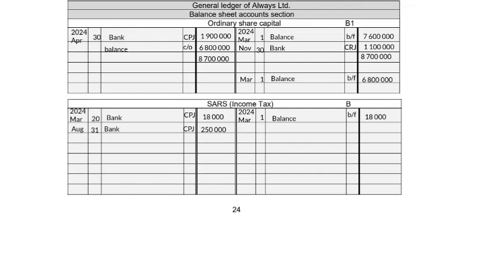Then on 2025, February the 15th, the total provisional income tax liability for the year is estimated at 725,000. So we need to then still make a provisional payment of 475,000 Rand. To calculate that amount, it was the 725,000 minus the 250,000 that we've already paid to give us 475,000.